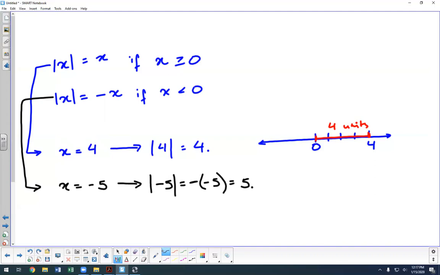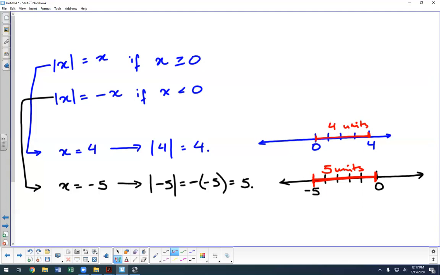So this is basically again saying from 0 to negative 5, what is that distance? And again, that's going to be a distance of 5 units.